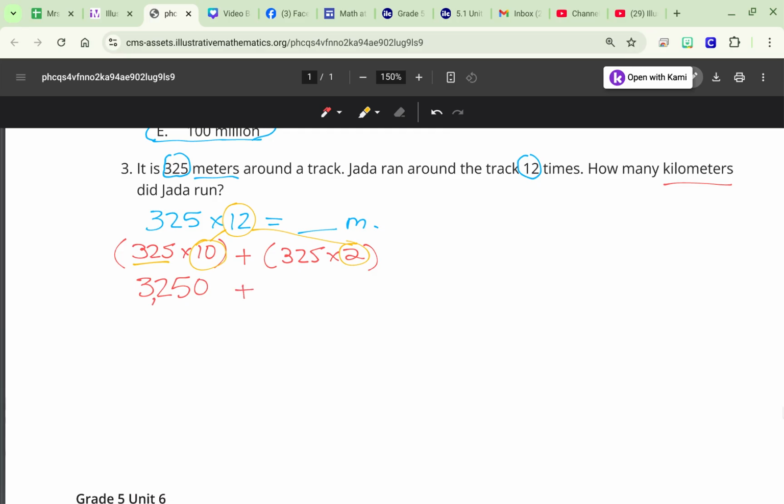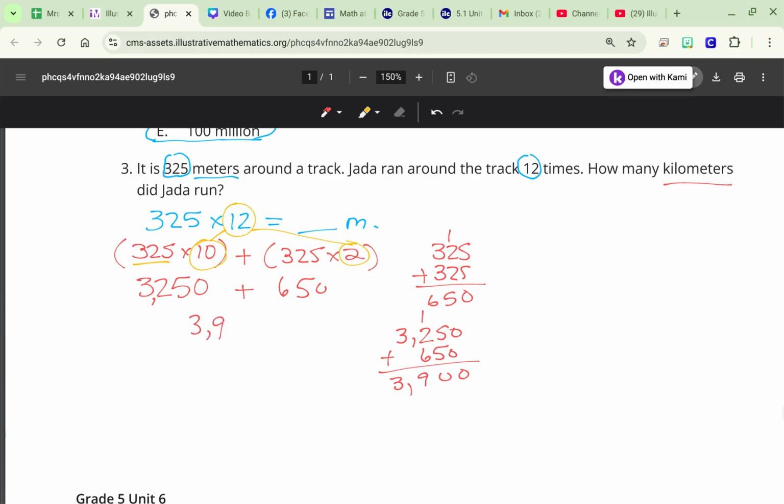Now here we have 325 times 2, or 325 added together 2 times, which gives me 650. So here I would have 3,250 plus 650. I'm going to come to the side here and do my 3,250 plus 650. When I add this together, I'm getting 3,900.